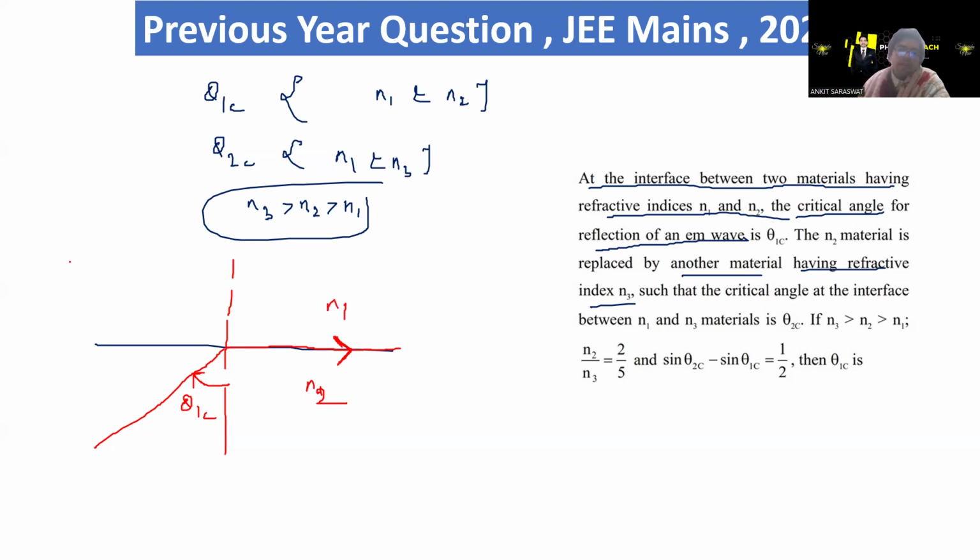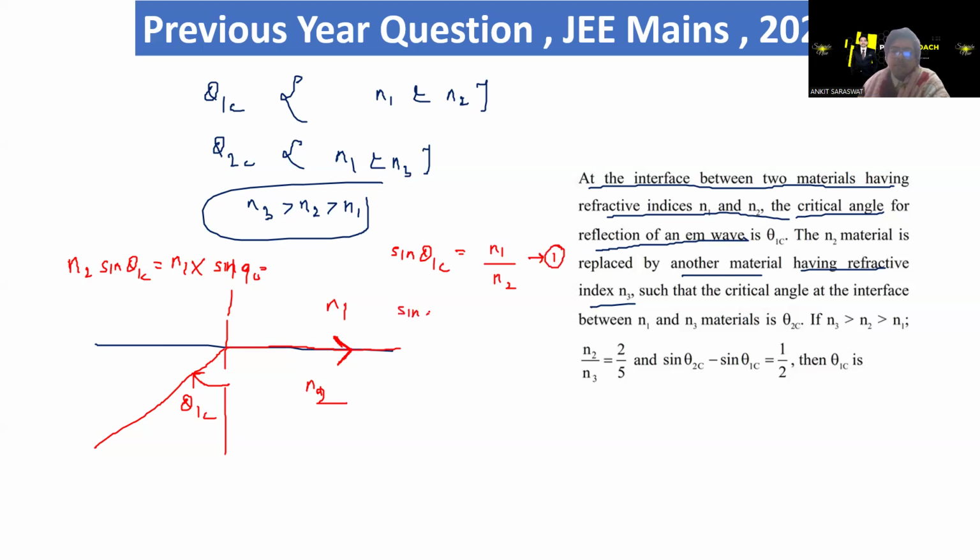So you can write n2 sine theta 1c is equal to n1 sine 90. So you can write sine theta 1c equals n1 by n2, equation 1.